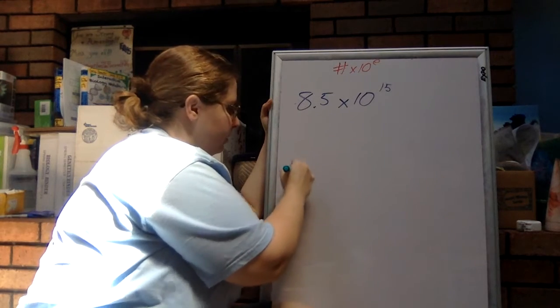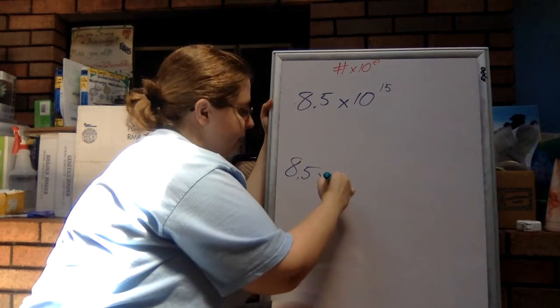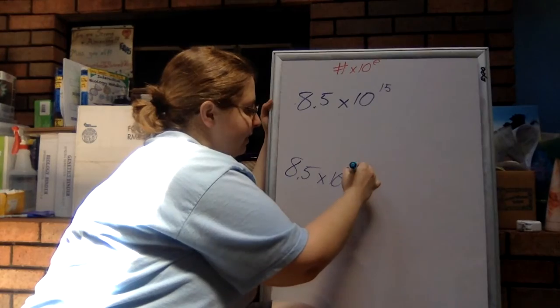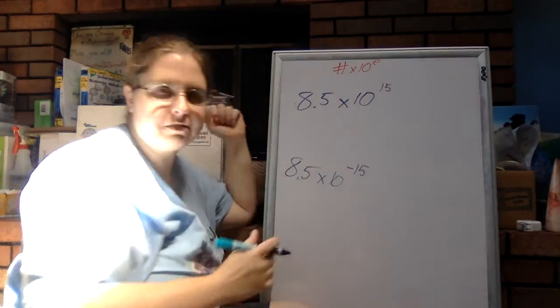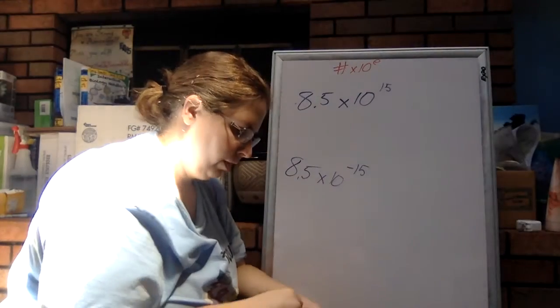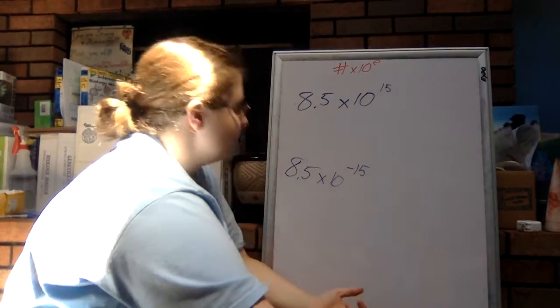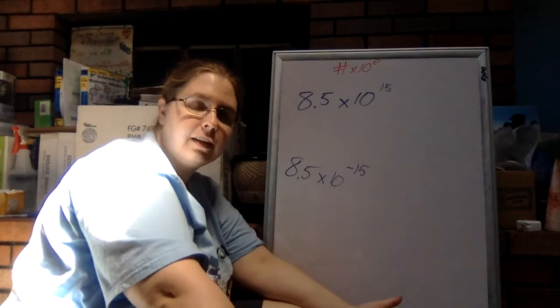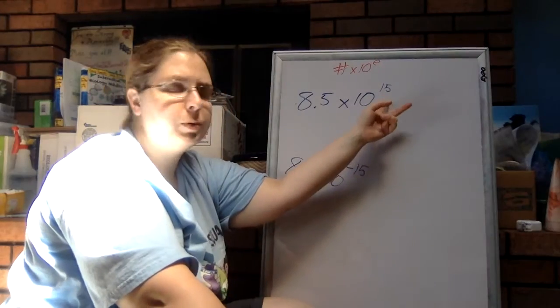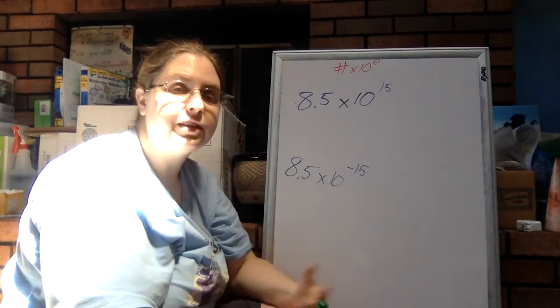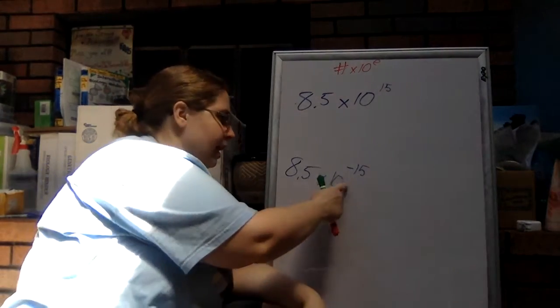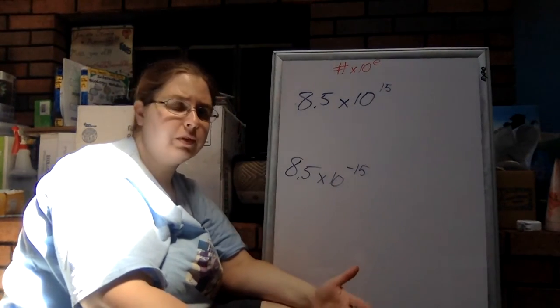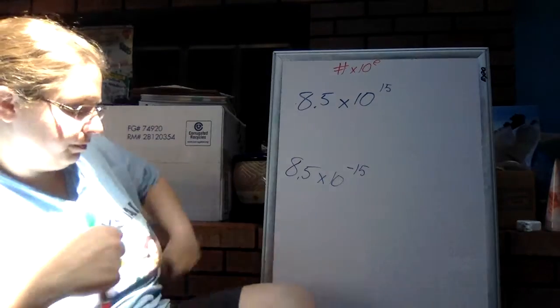And we'll do 8.5 times 10 to the negative 15. If you notice, the only difference between these two numbers is the sign of the exponent. We have a positive exponent, meaning our number in standard form is bigger than 1, and a negative exponent, which means our number in standard form is less than 1.